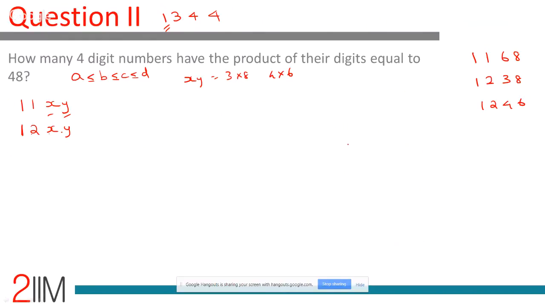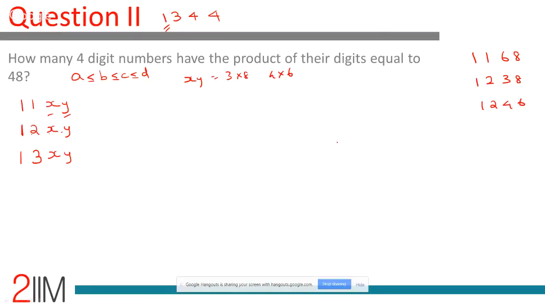So starting with 1, 2, we've got that. Can we do better than that? Are there more combinations with 1, 2 available? With 1, 2, the remaining product is 24, only 2 combinations available. Now, can we go for 1, 3, x, y, with these two multiplied to give 16? It could be 4 into 4.